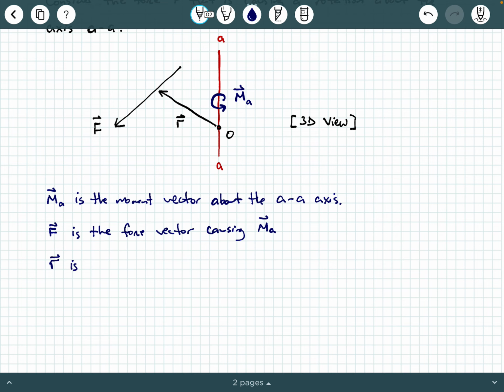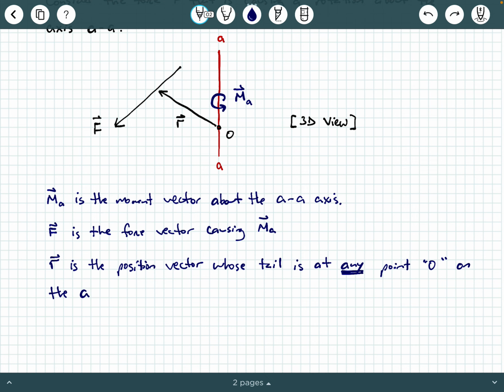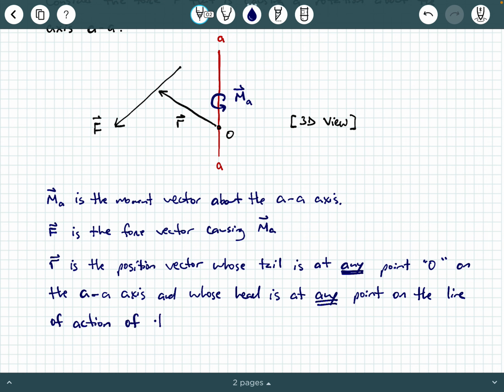Well, r is the position vector whose tail is at any point O on the AA axis and whose head is at any point on the line of action of the force F.